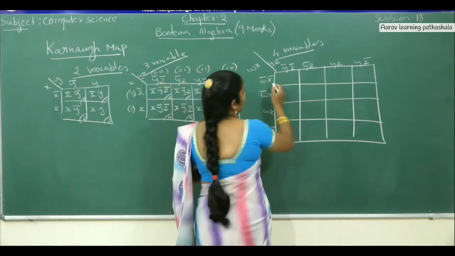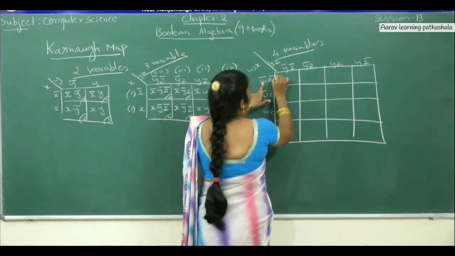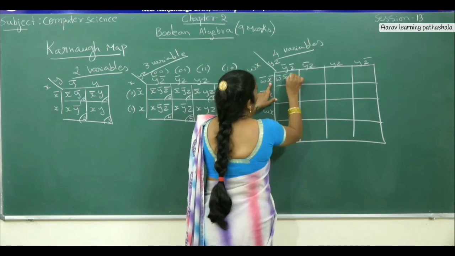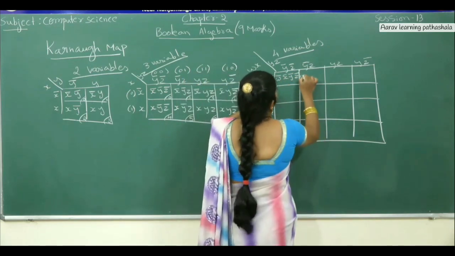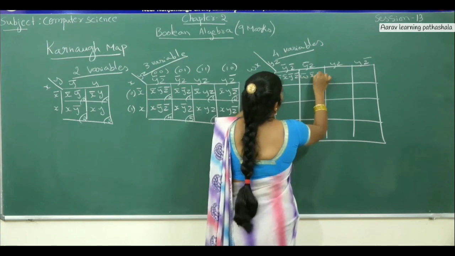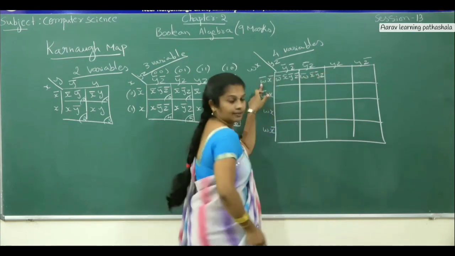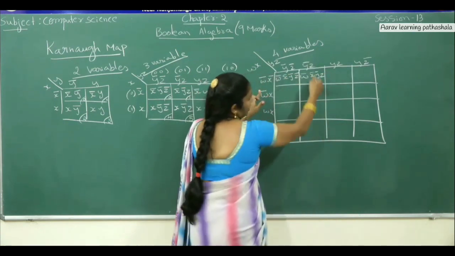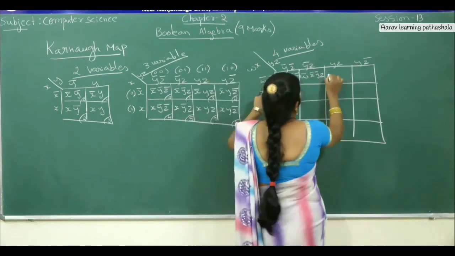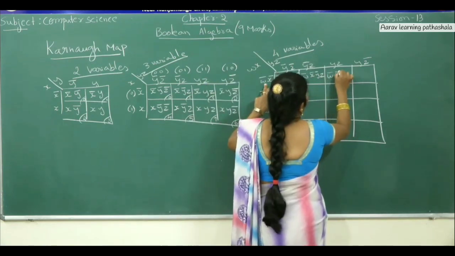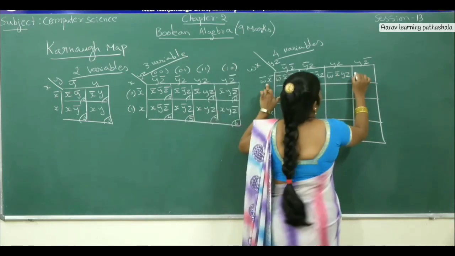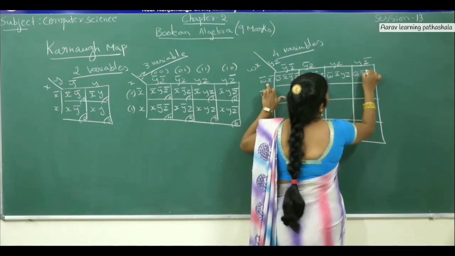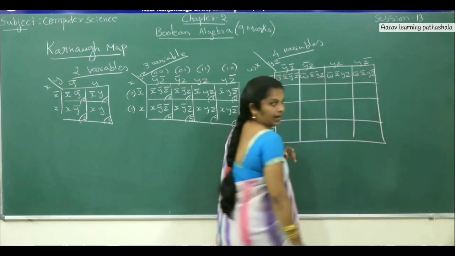See, then what will be the cell value? W bar, X bar, Y bar, Z bar. Next on this cell, W bar, X bar, Y bar, Z. Take the corresponding row and corresponding column. Here, W bar, X bar, Y, Z. Next, once again, W bar, X bar, Y, Z bar.